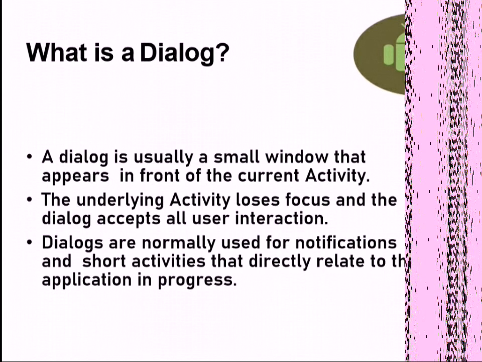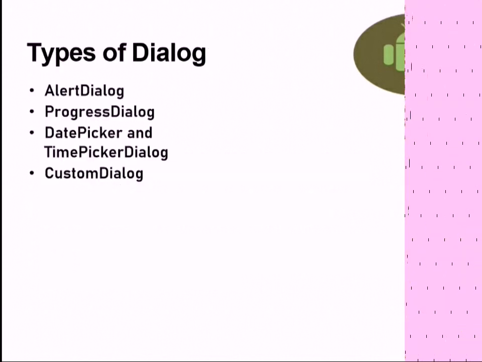Dialogues are normally used for notifications and a few short activities that directly relate to the application in progress. If an application needs something to be prompted, you can use a dialogue in such cases. That's a quick intro about dialogue, and let's see what types of dialogues we have.